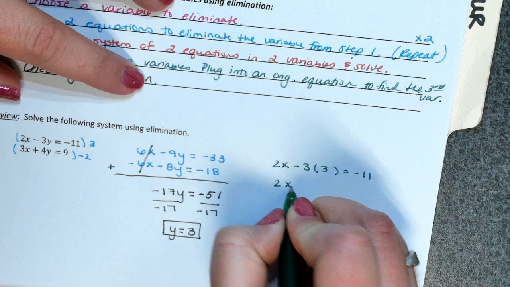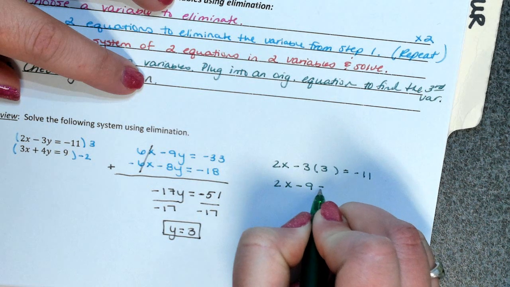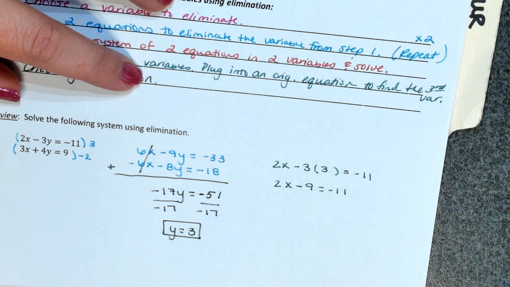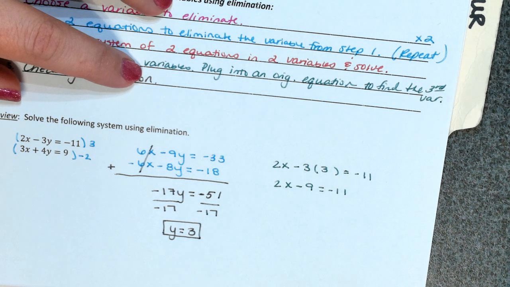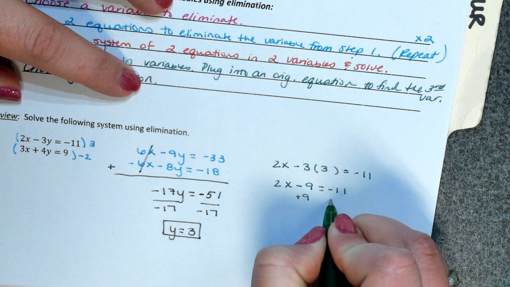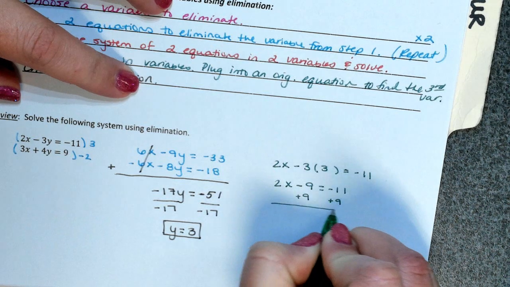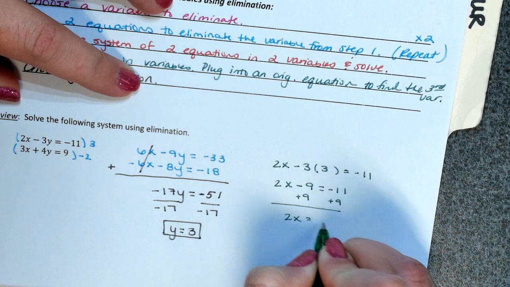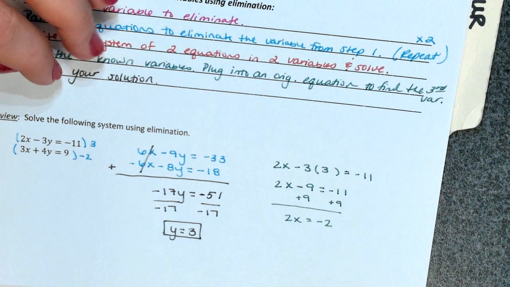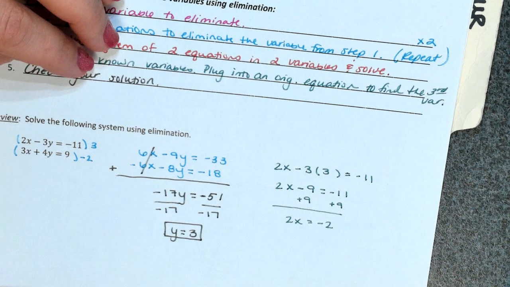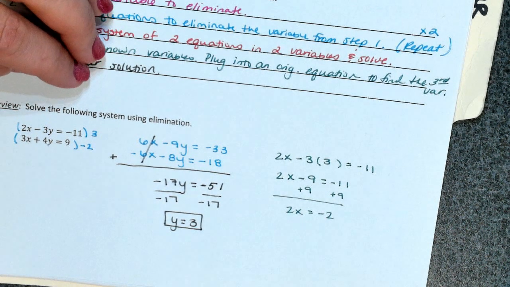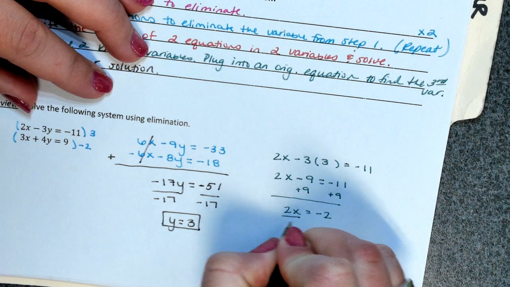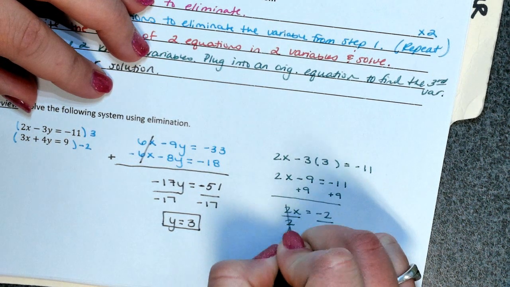So I have 2x minus 9 equals negative 11. Add 9 to both sides. 2x equals negative 2, negative 11 and 9. It's negative 2. I still have to get x alone. Divide by 2 on both sides.